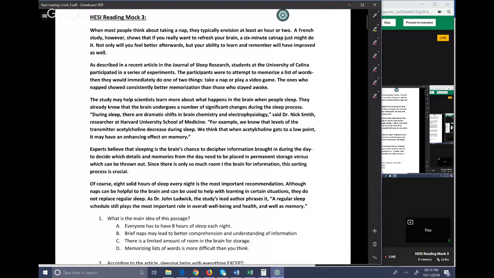Here's what you have to have in your main idea. You must have caught that it is about a study. There's a difference between a passage that's just explaining something to you that mentions a study as part of that explanation, and we're going to see that in this mock test also.